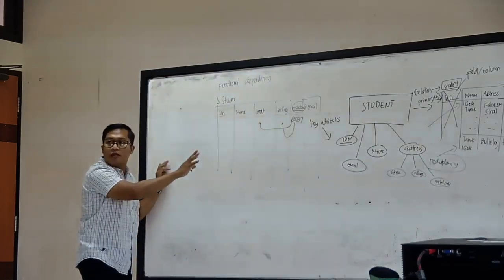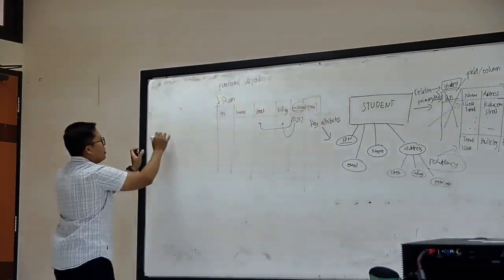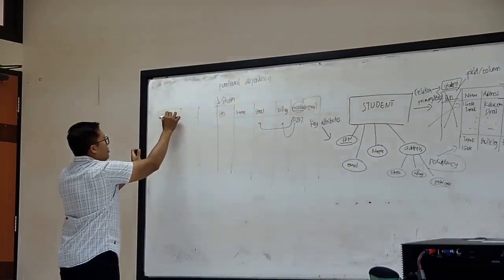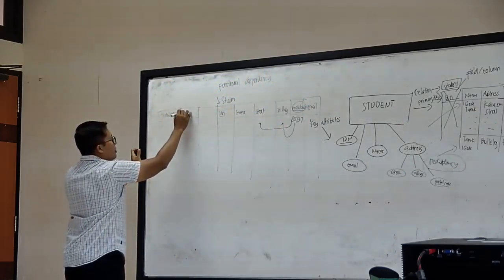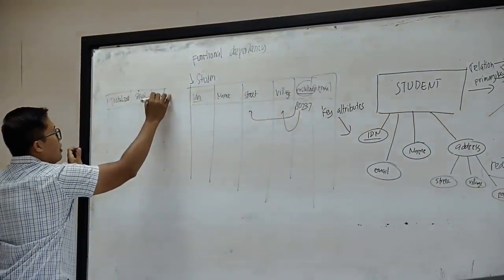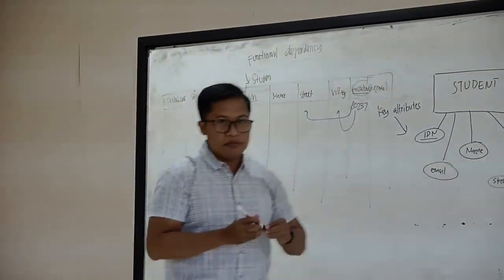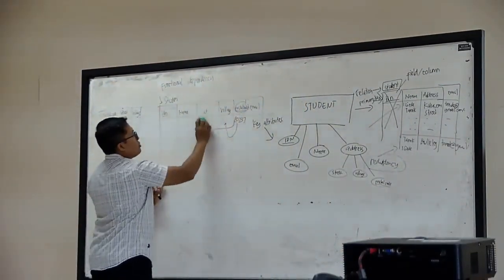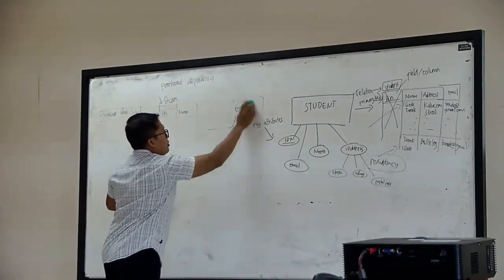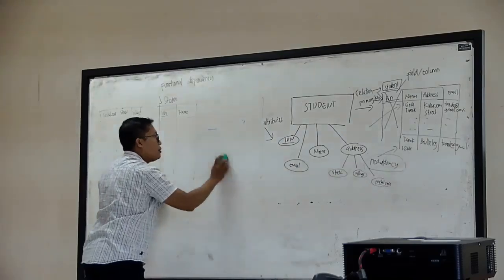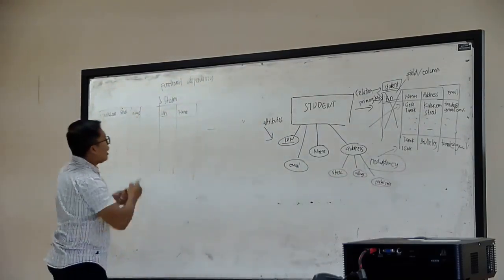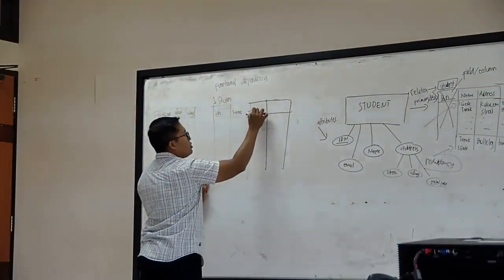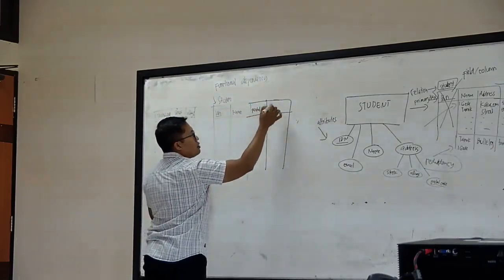We have two tables: postal code, street, village, and the student table will only have IDN, name, postal code, and email.